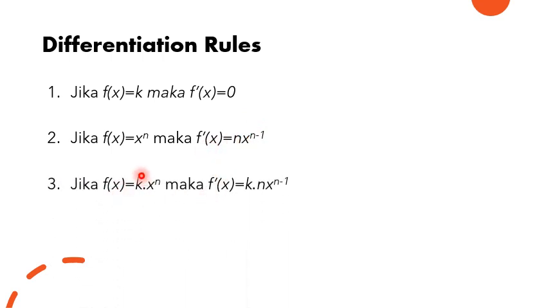And if there is a power function with a k beside it as a coefficient, then the first derivative will be: the coefficient stays, the exponent goes down and is multiplied with the coefficient, and the exponent of x is subtracted by 1. So k times n times x to the power n minus 1.